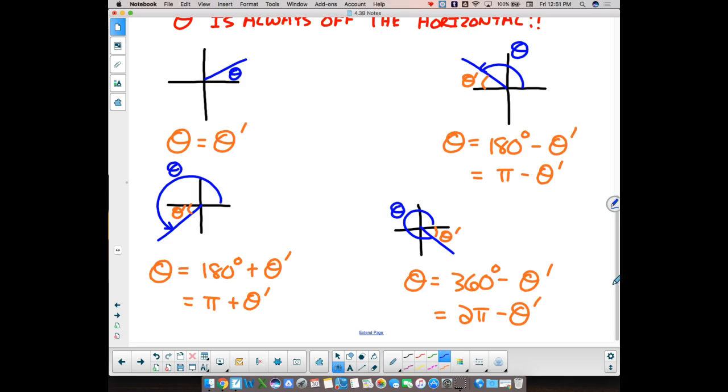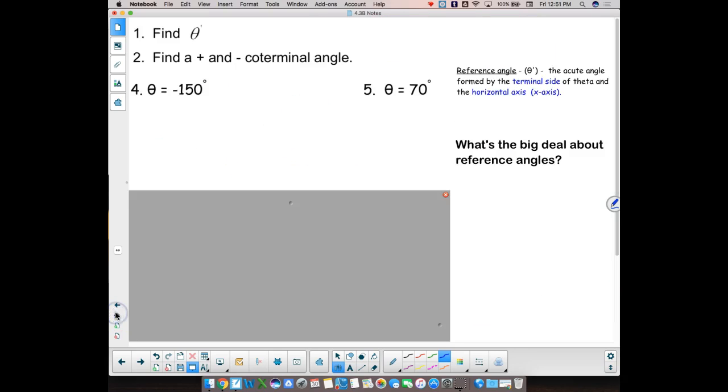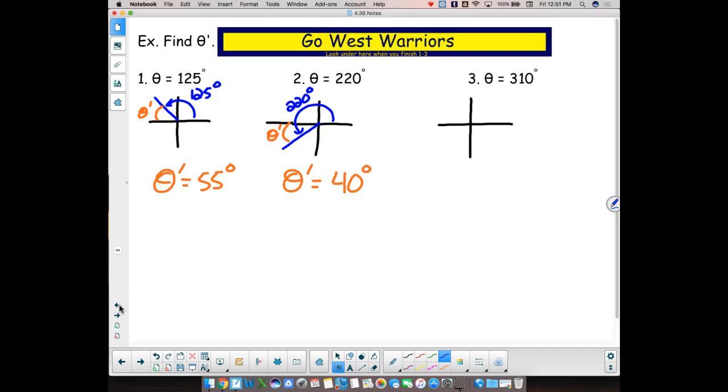Okay? Because the reason I wrote them this way is because you're gonna find the reference angle using trig. So then, depending on what quadrant you're in, you're going to utilize your reference angle from there. Okay?